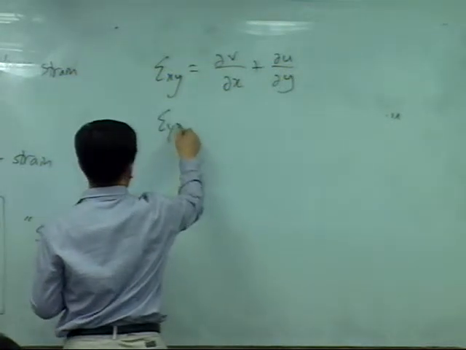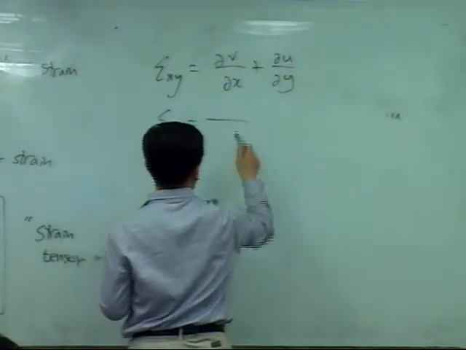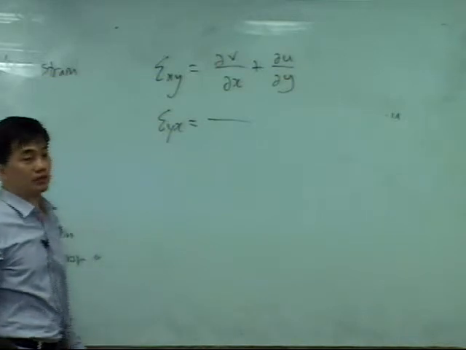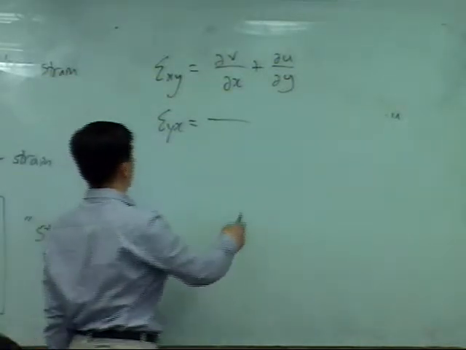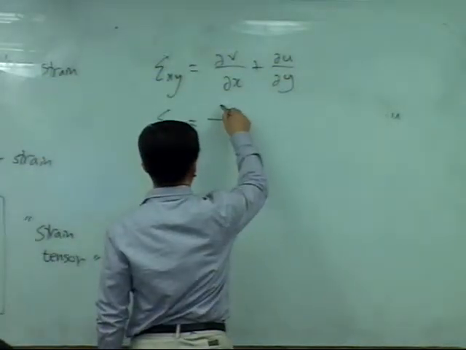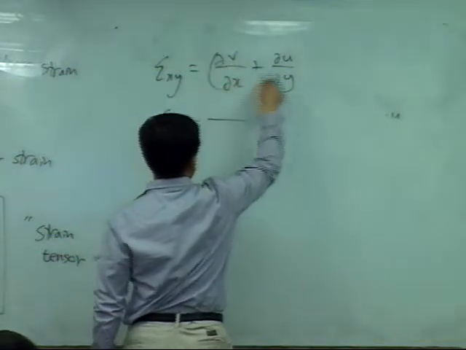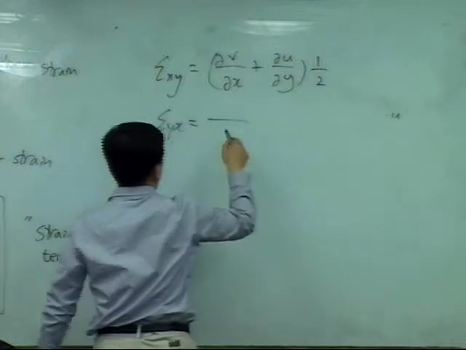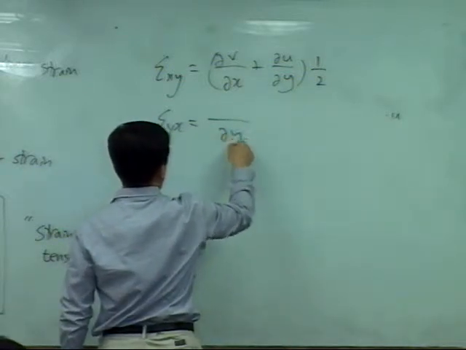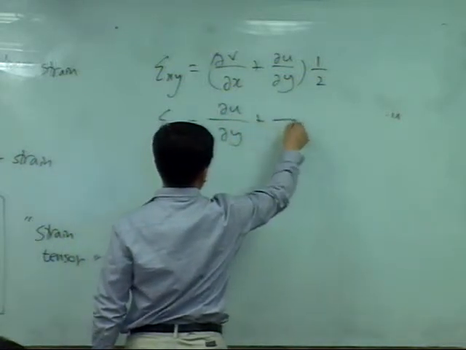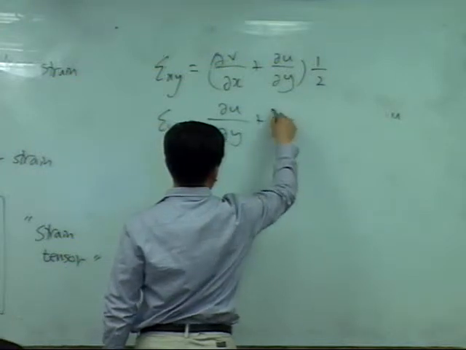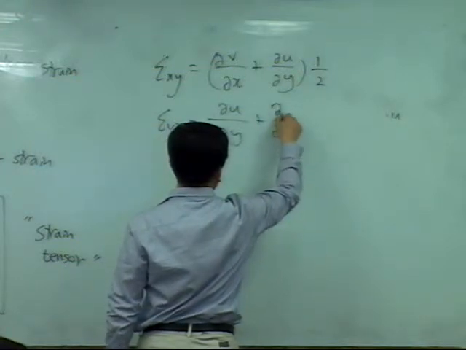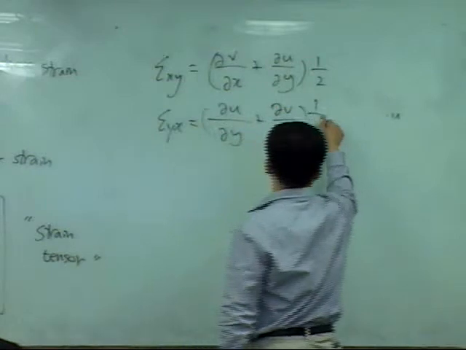And strain YX, if I exchange u and v and x and y, we can have strain YX: 1/2 of partial u partial y plus partial v partial x.